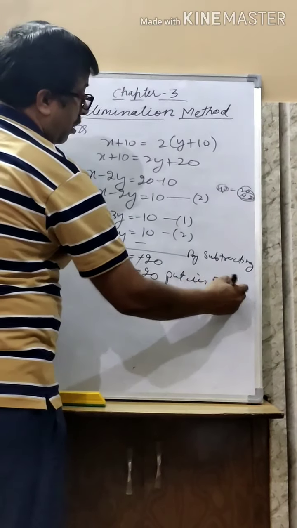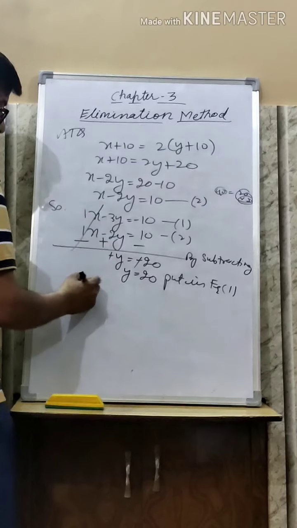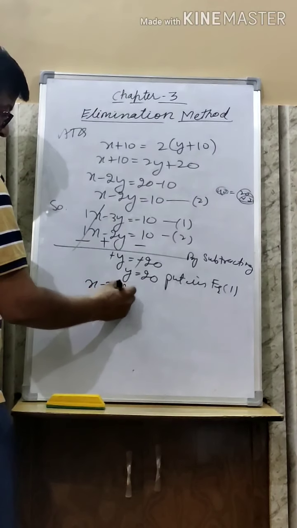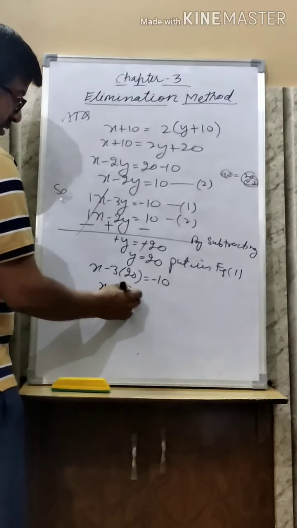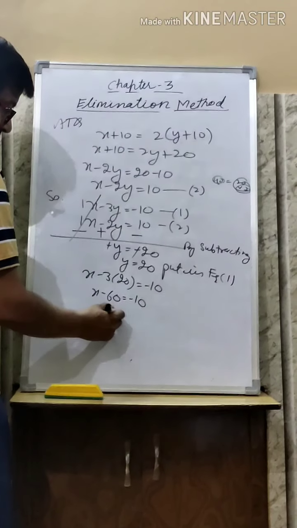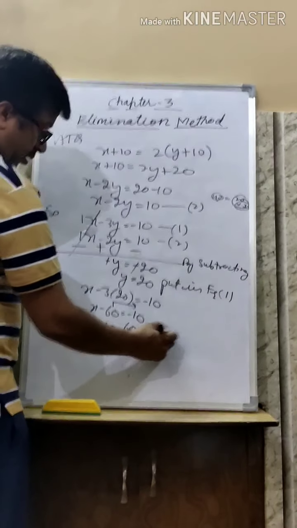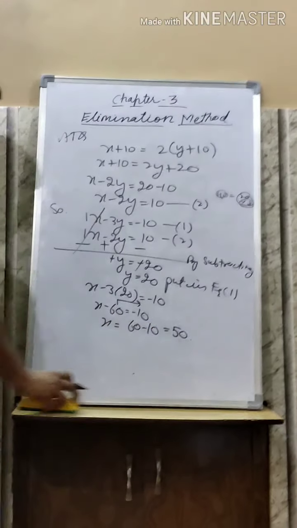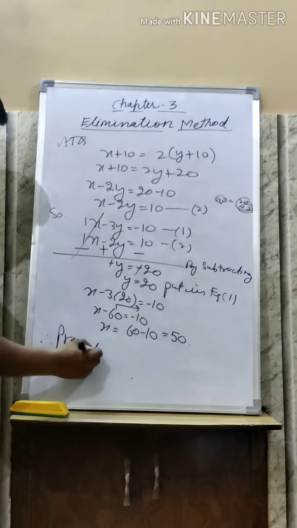Put in equation first. First equation is x minus 3 into 20 is minus 10, minus 60 minus 10. Shift here, 60 minus 10, 50. Hear this? What do you say? So therefore, answer you write in proper form.